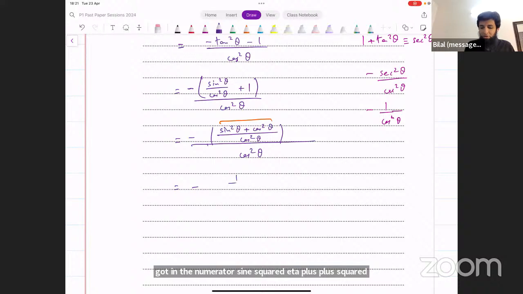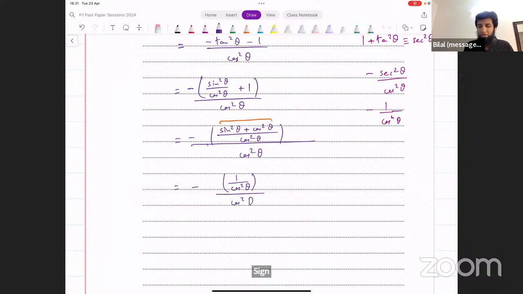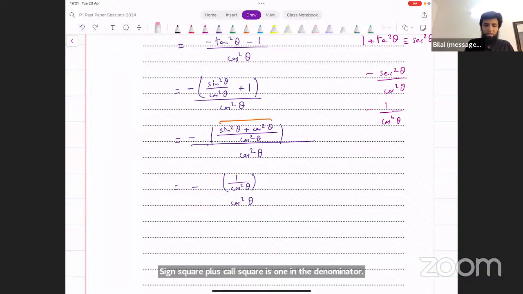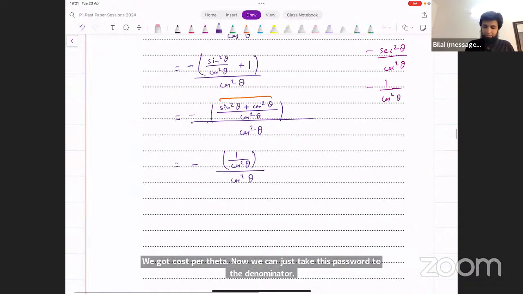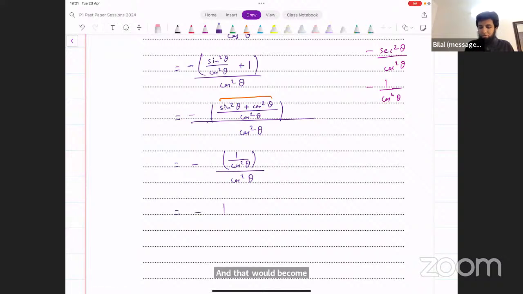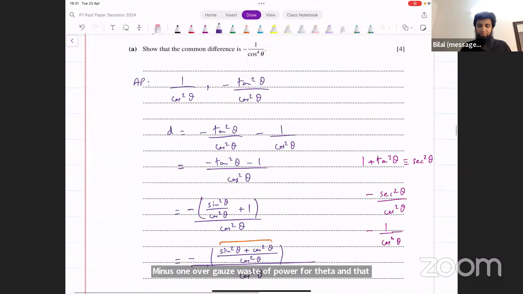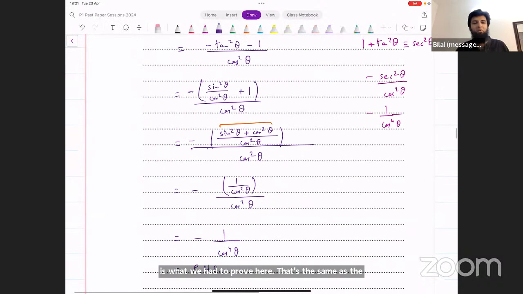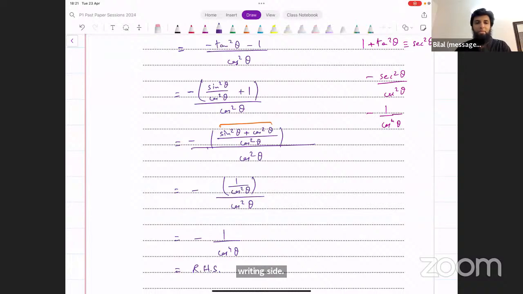So that's 1 over cos square theta, because sine square plus cos square is 1. In the denominator, we've got cos square theta. Now we can just take this cos square to the denominator. And that would become minus 1 over cos raised to power 4 theta. And that is what we had to prove here. That's the same as the right hand side. All right, so that's how you could prove this identity. Make sense? That was the first part.